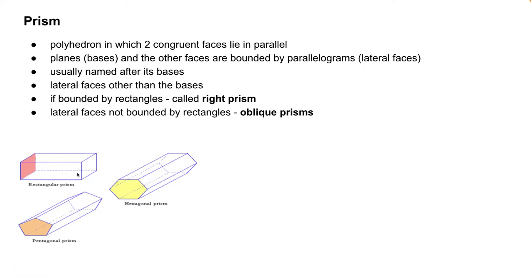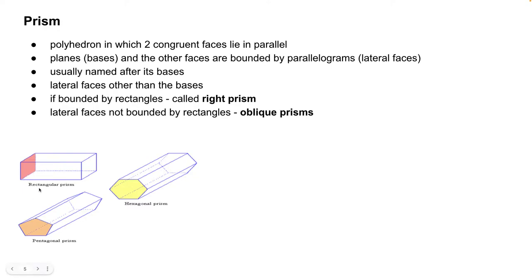Especially if it is a rectangular shape, we call that a rectangular prism, and we consider these two the bases. The bases are congruent and they are parallel. So if we extend this base and that base in all directions, they never meet.